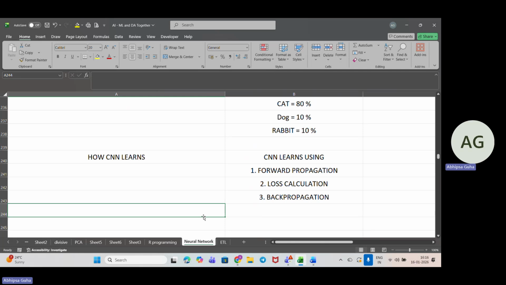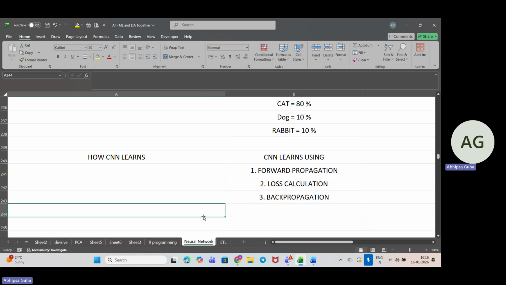CNN is basically a mixture of the image detection systems that we already have, combined with neural network layers and activation functions, to make it possible. So that is CNN.